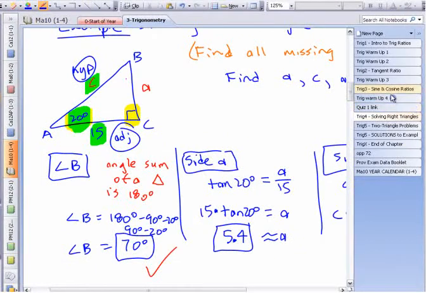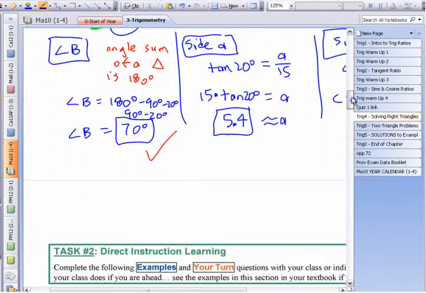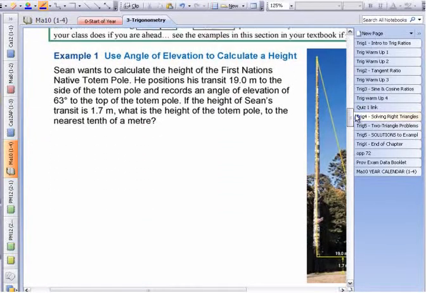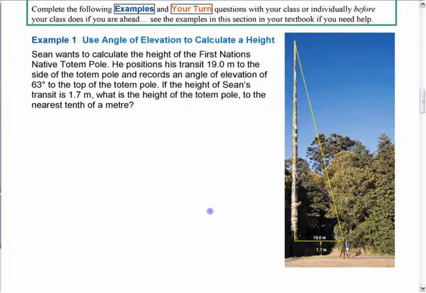When you look through this section, there are some more problems that you're going to use trig for. Sometimes you're going to be given the picture, sometimes not. But this is where you need to do more than just a triangle like this. Maybe it's hard to see from the photocopy, but there's a person standing there using an instrument to measure the angle of elevation.